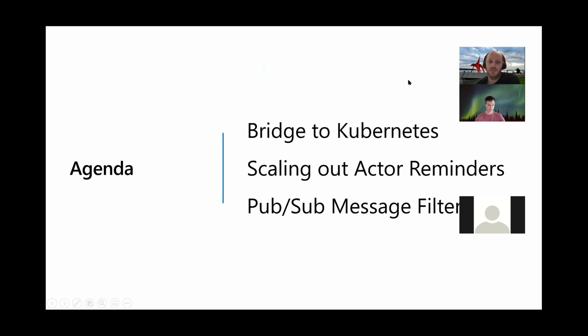Arthur is gonna cover scaling out actor reminders, and finally Phil is gonna present a proposal for pub sub message filters, and hopefully this can be a good discussion on that proposal and some feedback. And as always, please utilize GitHub and our Discord channel to continue these discussions moving forward.